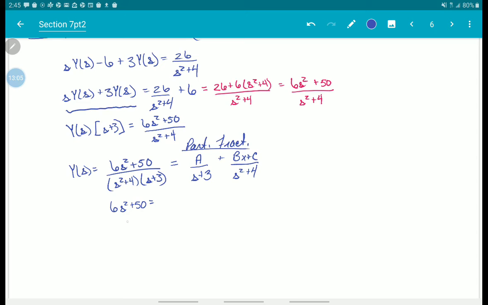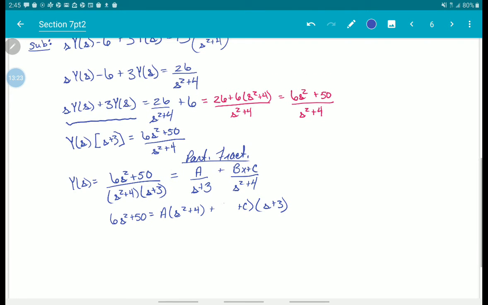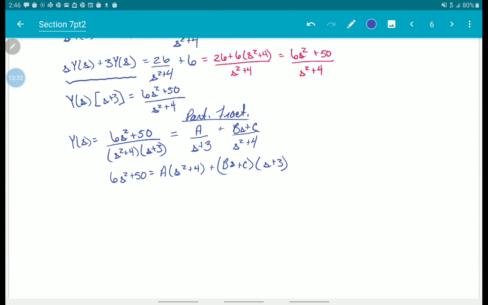we have the numerator 6s squared plus 50 is equal to A times s squared plus 4 plus Bs plus C times s plus 3. I'm going to change that to a Bs there, just to be consistent. We're so used to dealing with x's, it's hard to make that transition sometimes.